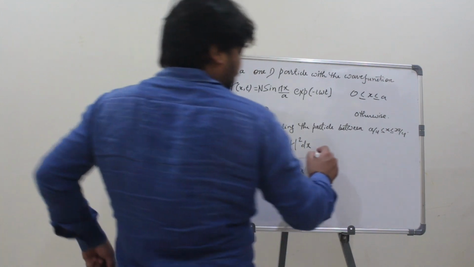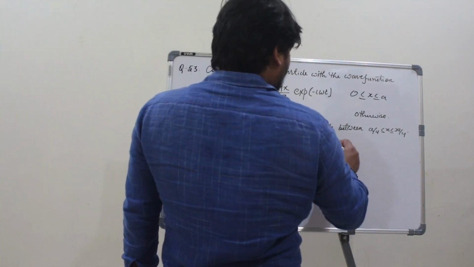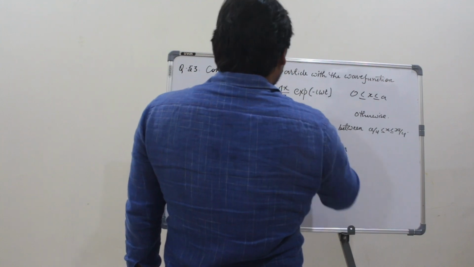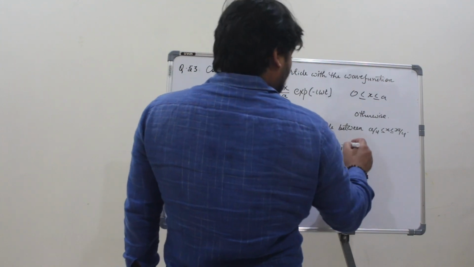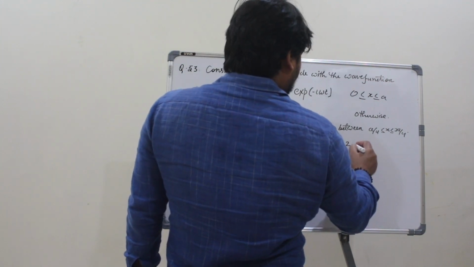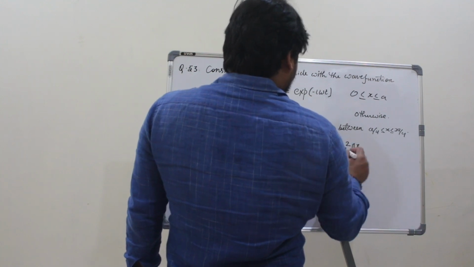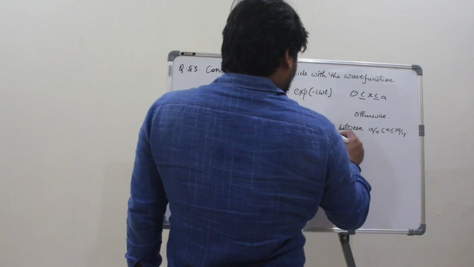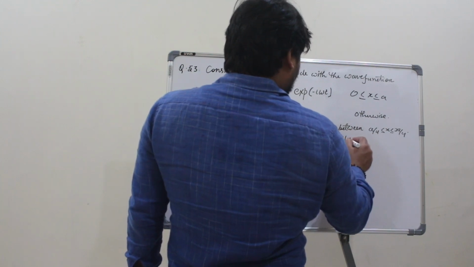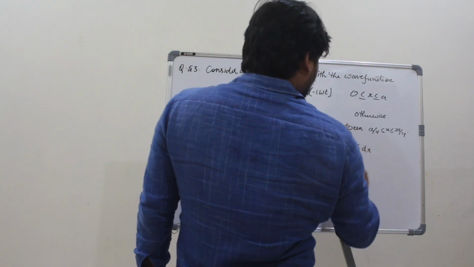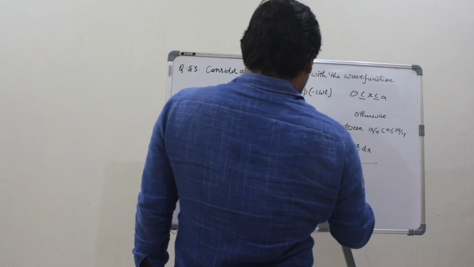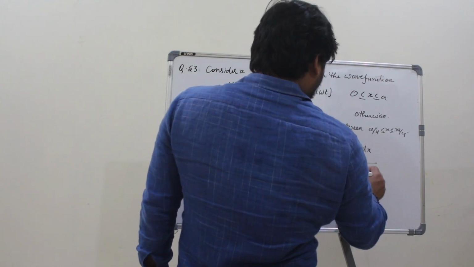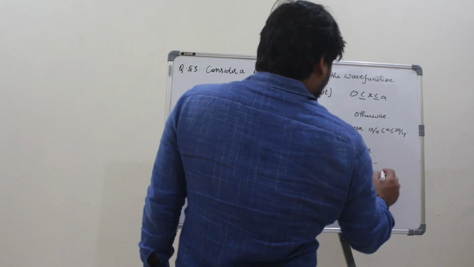Right? So it gives you sine square pi x by a between a by 4 to 3a by 4, dx, whole divided by 0 to a sine square pi x by a dx.